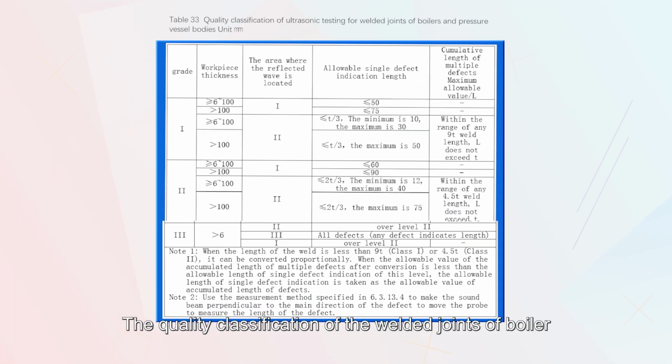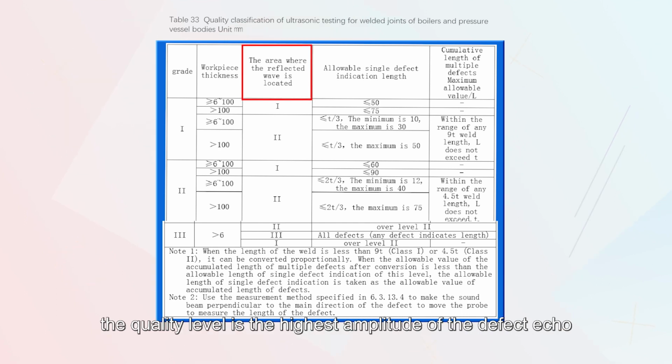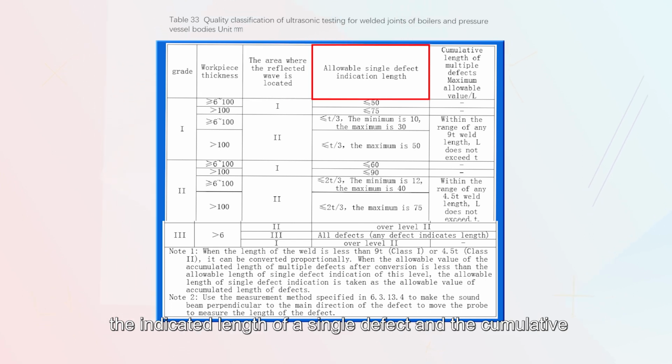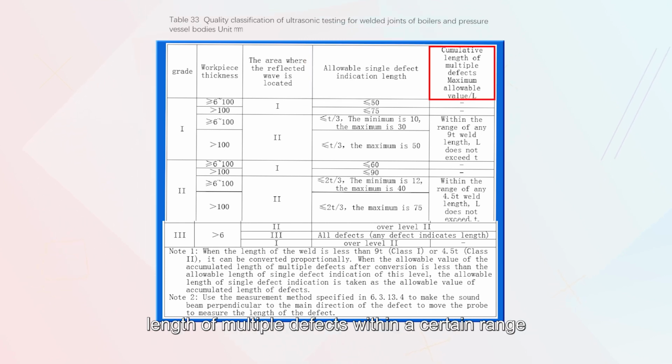The quality classification of the welded joints of boiler and pressure vessel is carried out according to Table 33. It can be seen from the table that the basis for evaluating the quality level is the highest amplitude of the defect echo, the indicated length of a single defect, and the cumulative length of multiple defects within a certain range.